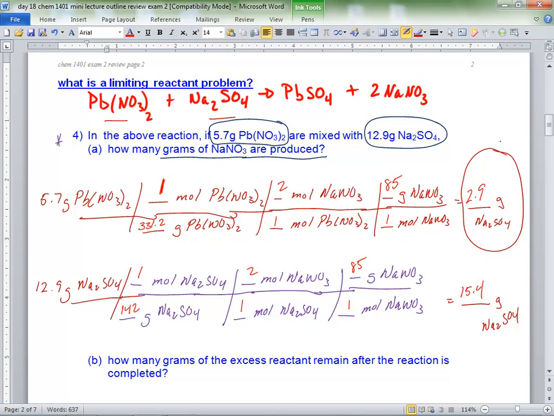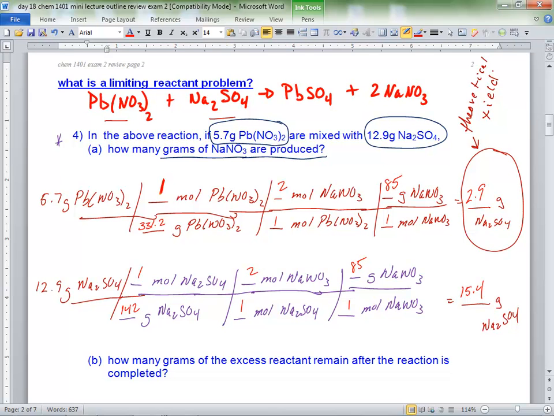No, what do they call this? Something yield. Theoretical yield. This is the theoretical yield, because they might ask for that, but it's the same thing.